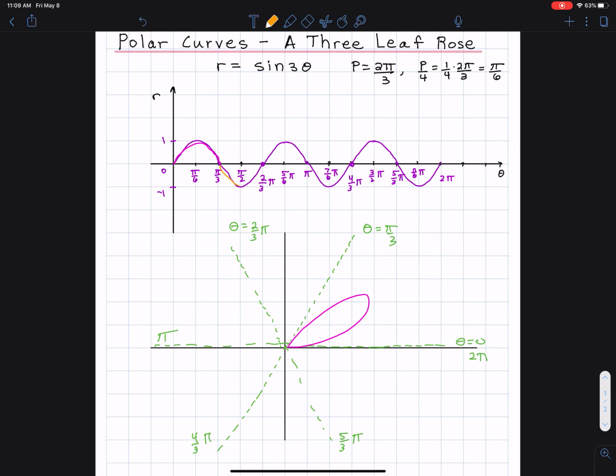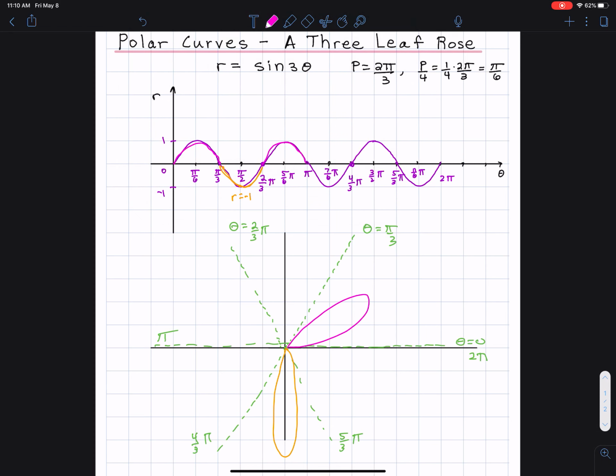This other petal is between pi over 3 and 2/3 pi, but notice r is equal to -1 right there, so it's going to come up the other side. It's hard for me to get the lengths of these the same because they don't have the same scale. Okay, now back to this pink color.